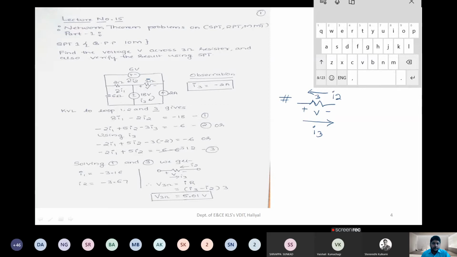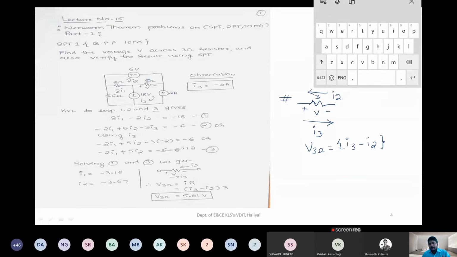I2 is flowing from right to left, and I3 is flowing from left to right. According to passive sign convention, I3 is in phase with this. So the voltage across the 3 ohm resistor will be the difference between I3 and I2. You have to make a note of this.